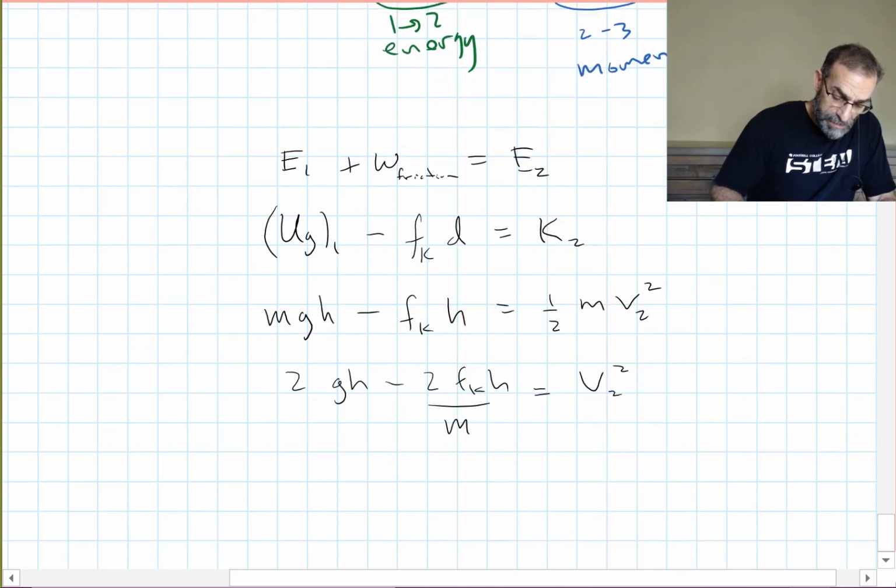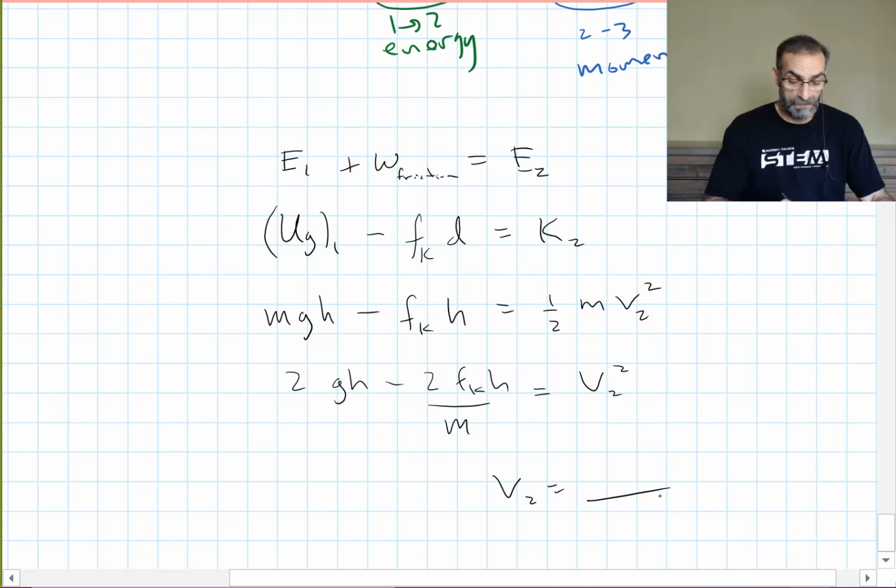So anyway, plug in the numbers. You've got V2 now, right? They gave you the friction force. So all you had to do was multiply that by the height of the pole, the distance that that force acts on our firefighter as she slides down the pole.